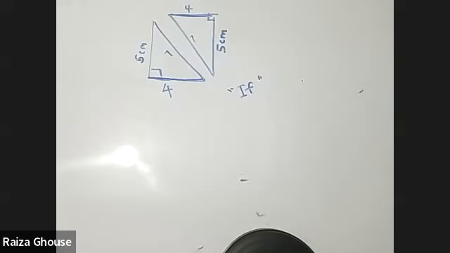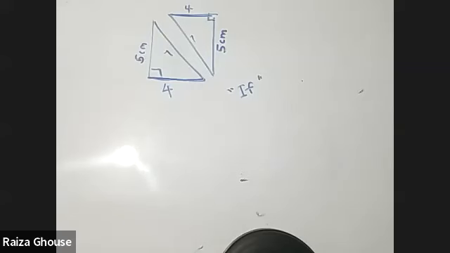Yes, teacher. Now write down point number 4. If two triangles are congruent, then the corresponding... Miss, can you repeat again?